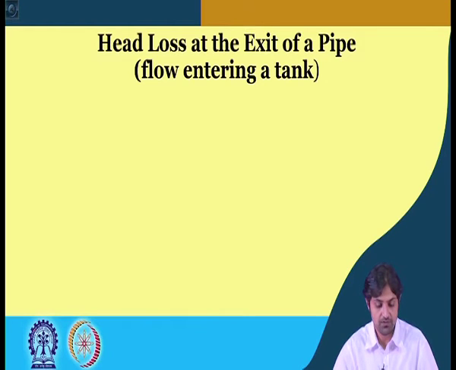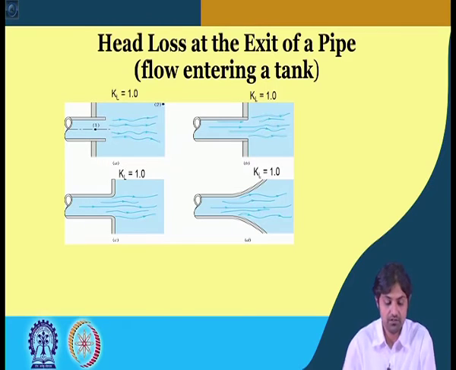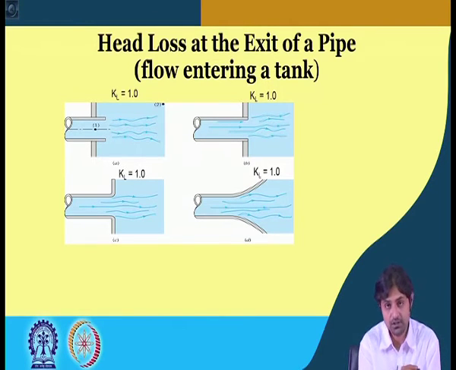Now we have talked about entrance, we have talked about contraction, we have talked about expansion, now we have talked about entrance to the pipe. Now what is the head loss at the exit of the pipe? Something like this, when the pipe is terminating in a reservoir.